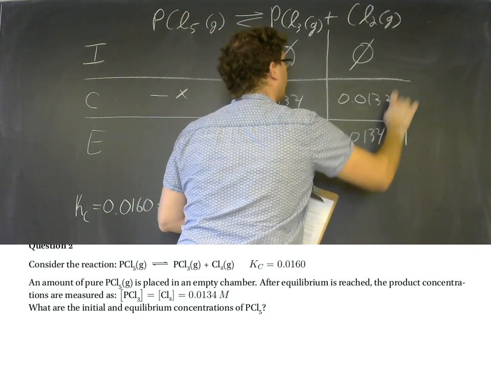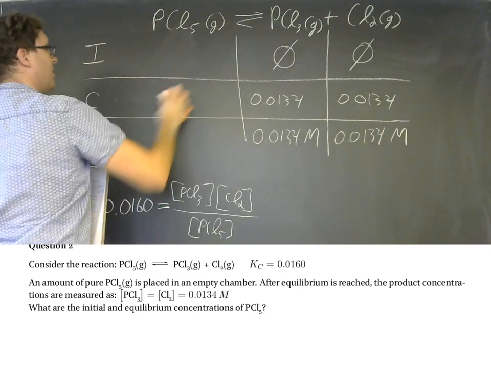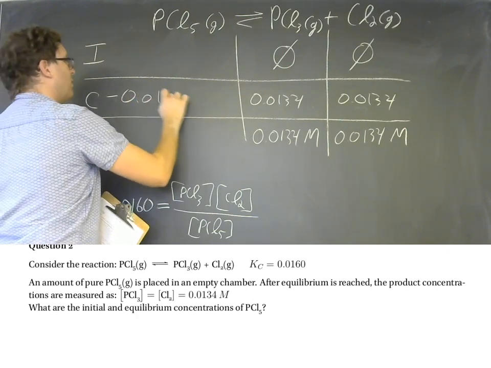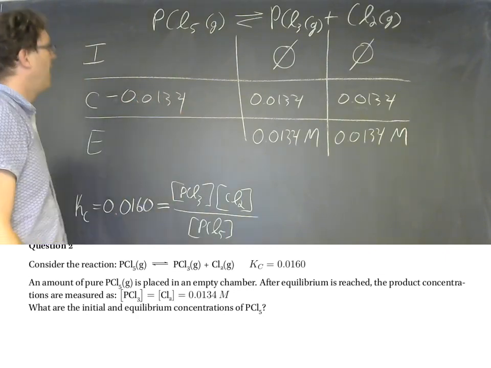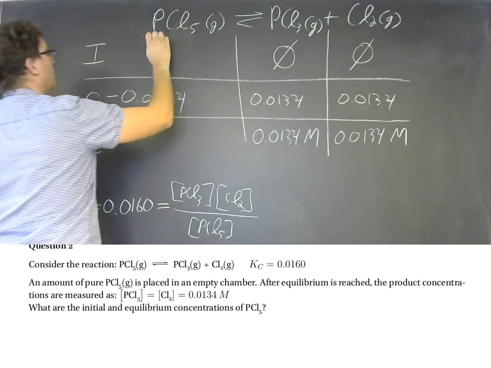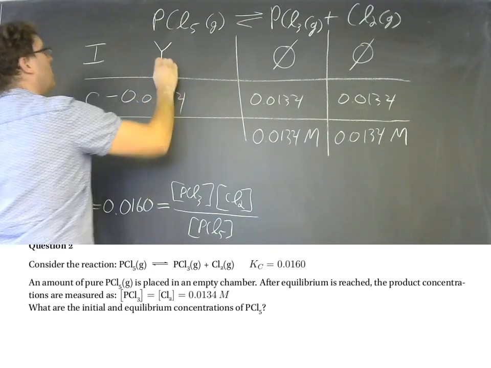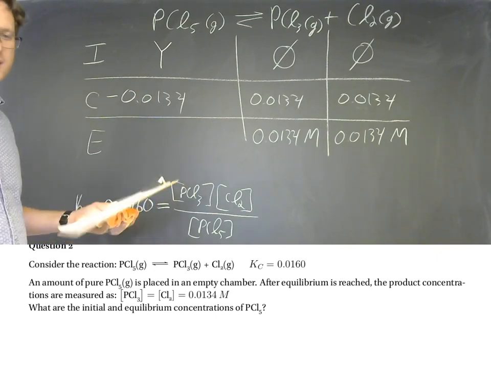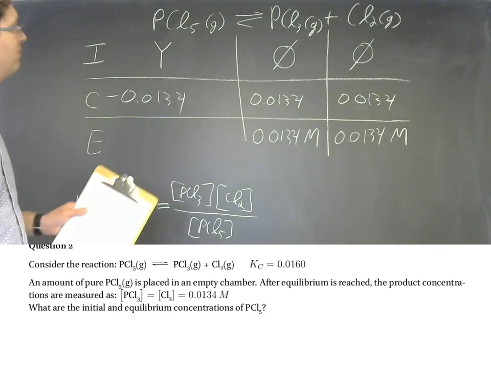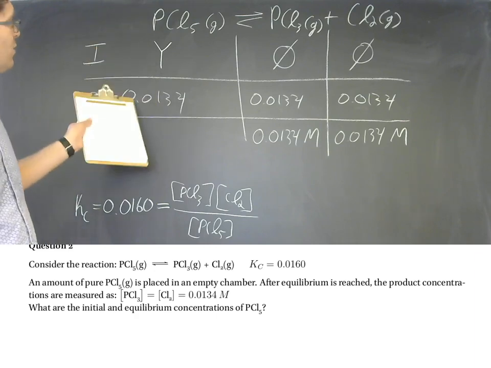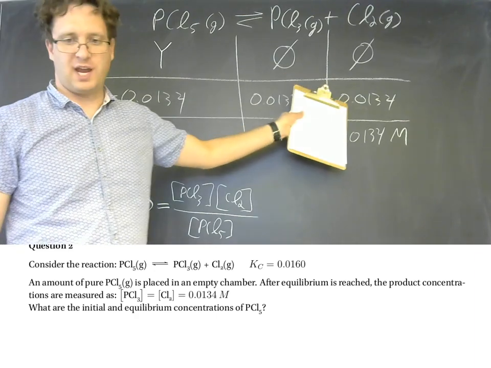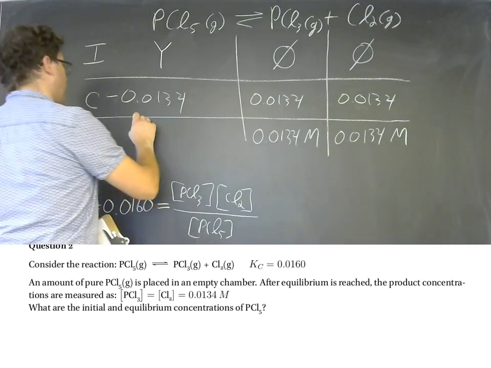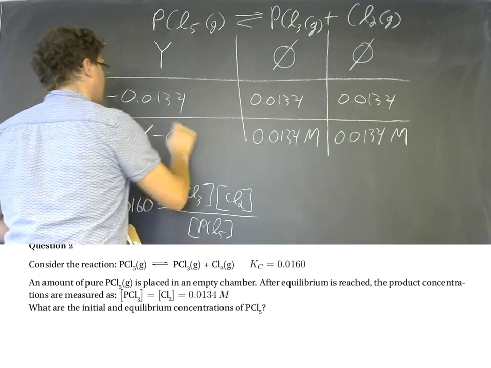And that means that this is a negative 0.0134. And we can call our initial amount of PCl5 y. In the answer key I called it x, but just to distinguish it from what I usually use for change, we'll give it a different name.